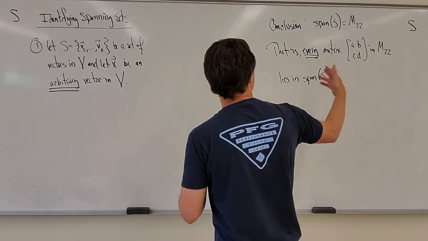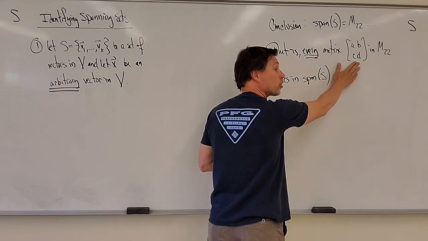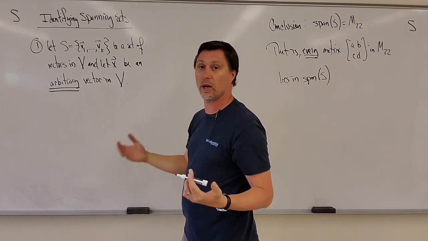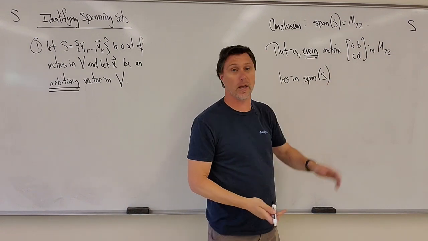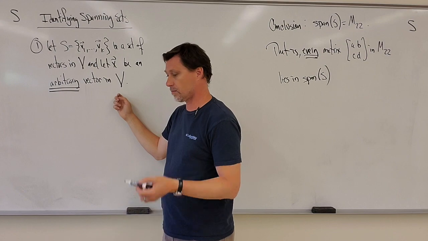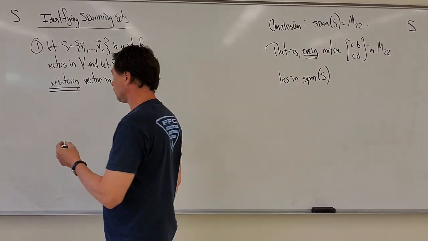Just as with my last example, I did an arbitrary matrix, A, B, C, D. That's what a generic vector in M22 looks like. We want to choose a generic arbitrary vector in V. That's step one.